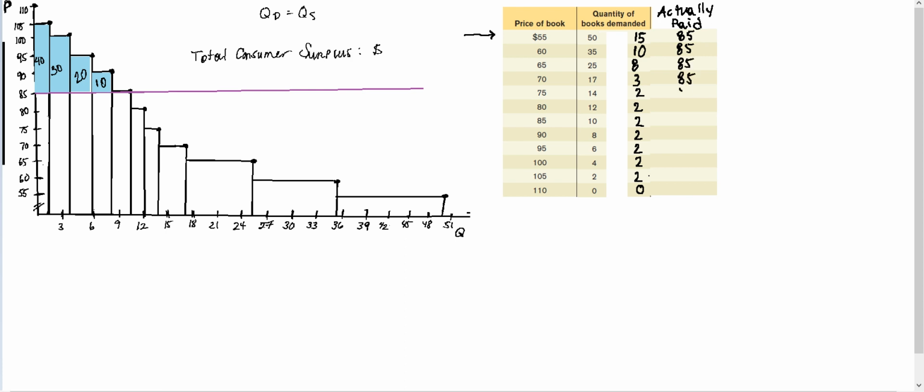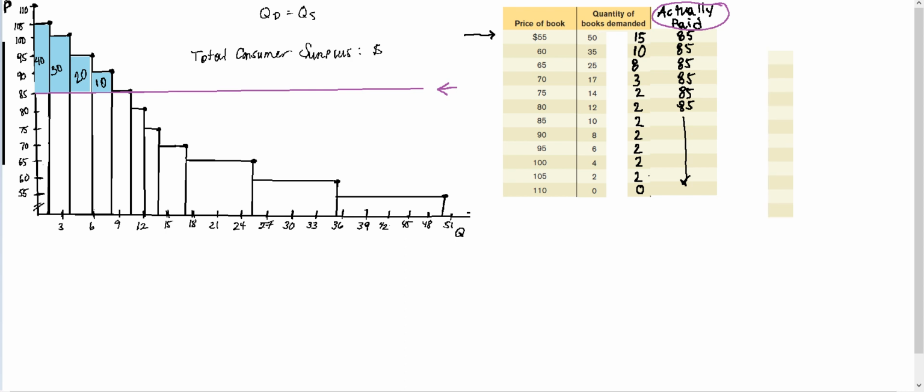So now I'll make a new column, and this is where I'm going to calculate the consumer surplus. The difference between what consumers were willing to pay, which is also just this price of the book, and is also the height of these rectangles here.